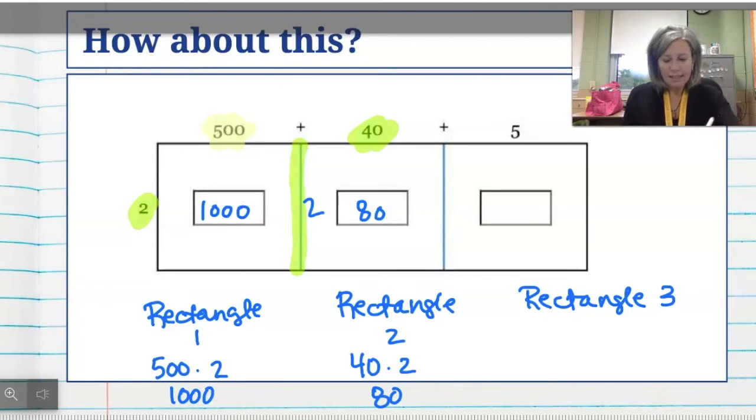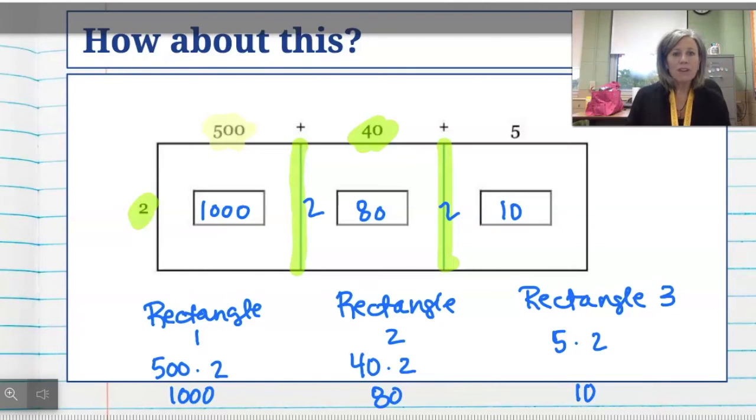And then lastly, my third rectangle, and notice this isn't drawn to scale because all of these rectangles are the same size even though the base on the first one was 500. The base on this last one is now 5. But my height is still 2, so the area of my third rectangle is 10.